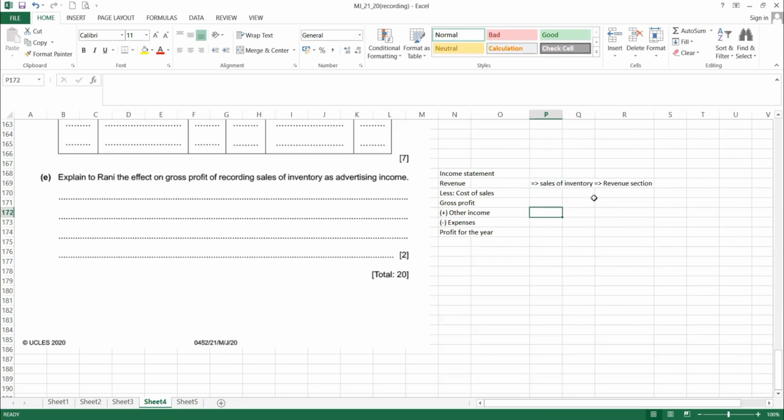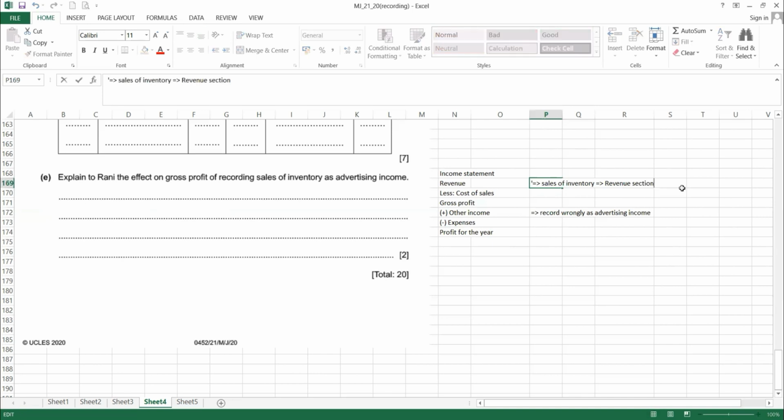But we go and put it into the other income. Okay, recorded wrongly as advertising income. So what happened to this amount when you recorded it in here?